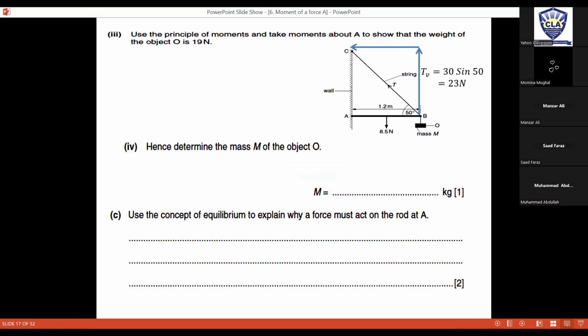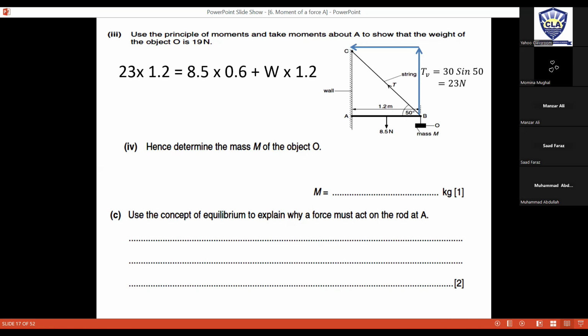And they ask us what is the weight of the object. W will create a clockwise moment, the mass will create a clockwise moment, and the only anti-clockwise moment is to be calculated by T vertical, because that is perpendicular to the distance. So anti-clockwise moment must be equal to clockwise moment.